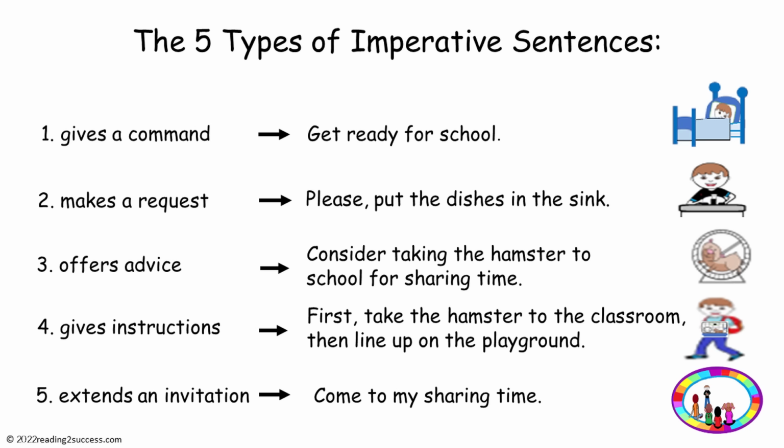Explain to kids that the 5 types of imperative sentences are: 1, gives a command, as in get ready for school. 2, makes a request, as in please put the dishes in the sink. 3, offers advice, as in consider taking the hamster to school for sharing time. 4, gives instructions, as in first take the hamster to the classroom, then line up on the playground.